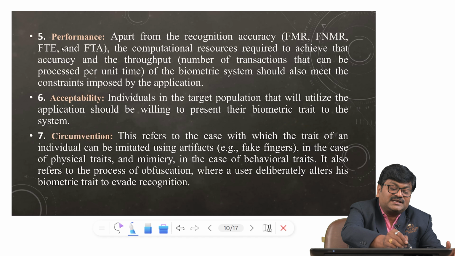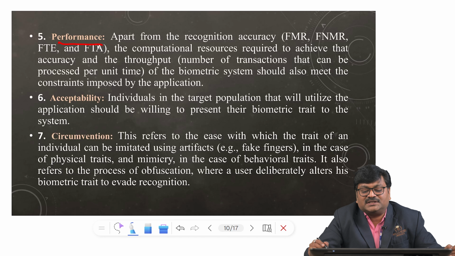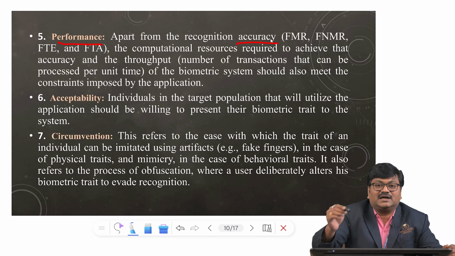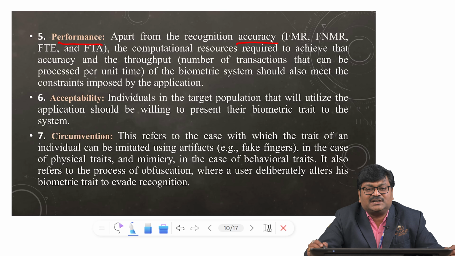The next is performance. The performance of any system is defined on the basis of the acceptance of that trait by the particular biometric system. Once it accepts it, it must be able to recognize all the characteristics of that trait. Performance is measured in terms of accuracy.